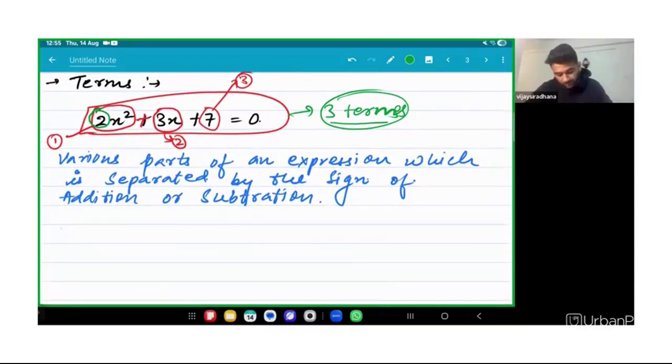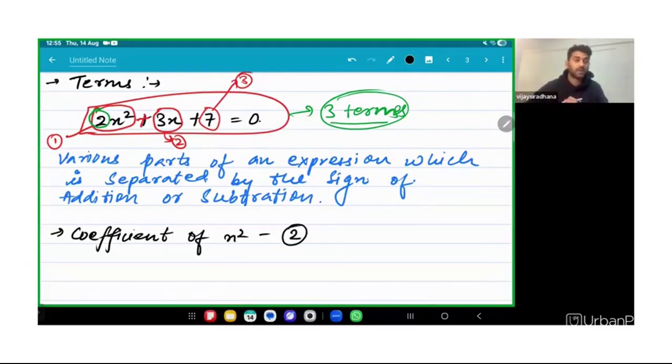So for example, the coefficient of x square is nothing but 2. The coefficient of x will be 3. So you can see that in every algebraic equation or in every polynomial value, you will be having these 4 things, be it constant, variable, terms, and coefficient.